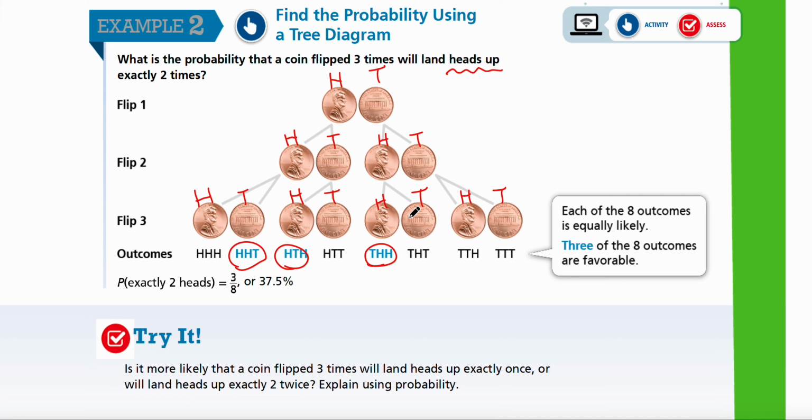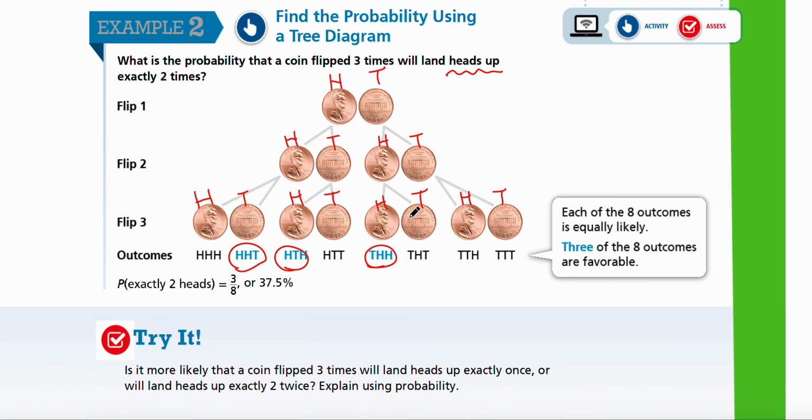Let's look at Try It. Is it more likely that a coin flipped 3 times will land heads up exactly once, or will land heads up exactly twice? Explain using probability. So if you flip a coin 3 times like this, is it going to be more likely that it's heads up exactly once, only 1 H, or heads up exactly 2, so 2 H?